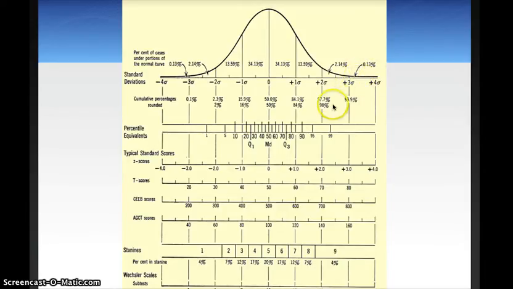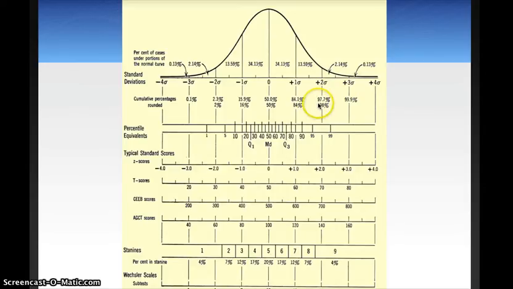At the same time, we know that to get a value of +2 standard deviations or higher, there's only 2.3% of the values in this area. 97.7% are in the area here, and 2.3% are in the area here.